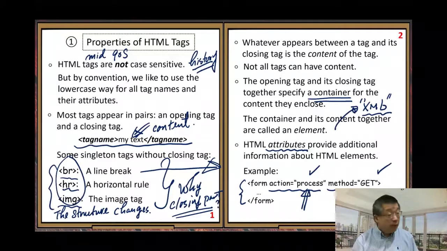Another piece of information we want to pass through the browser to the backend: the browser will send a request to the backend using these two pieces of information. So what method is used to send a request?